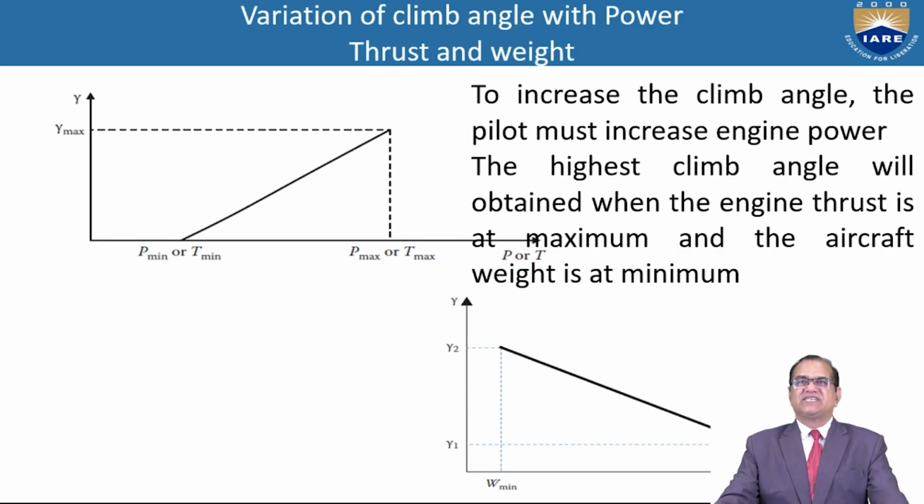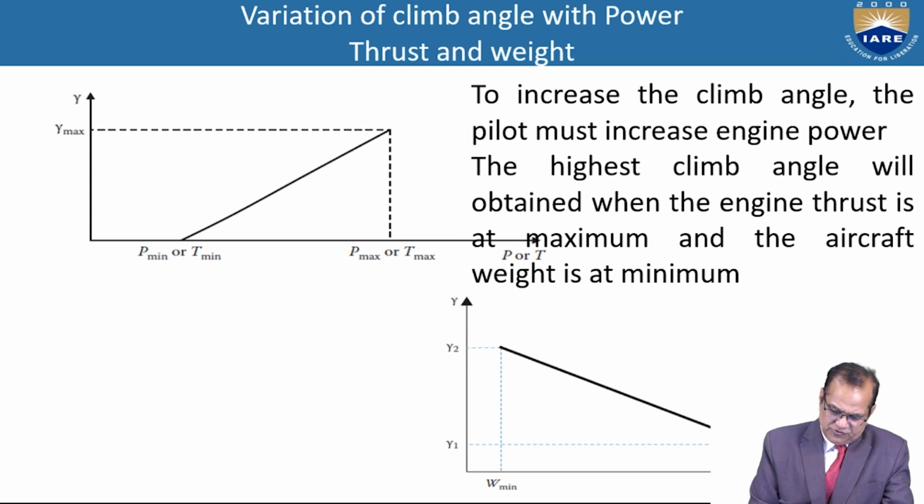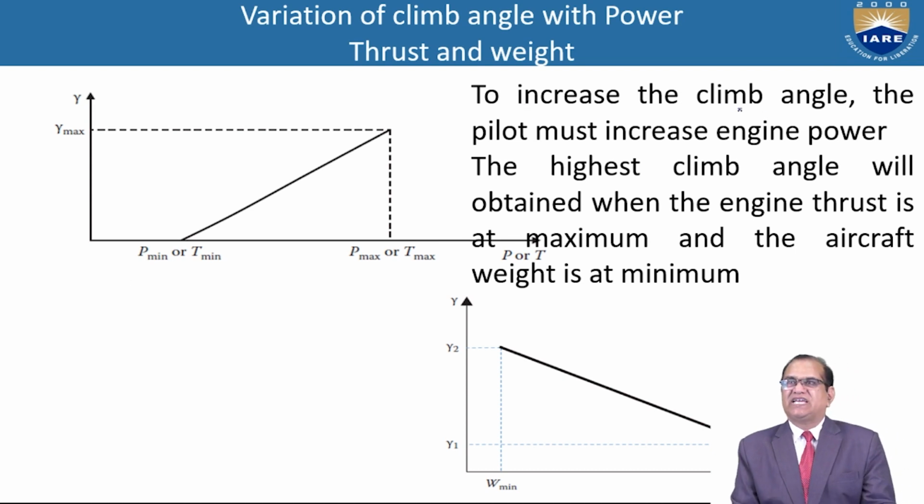Now I will discuss the variation of climb angle with power, thrust, and weight. So if you see here, to increase the climb angle, the pilot must increase the engine power, that is PA. The highest climb angle will be obtained when the engine thrust is at the maximum and the aircraft weight is minimum.